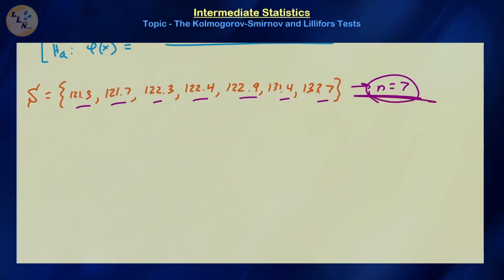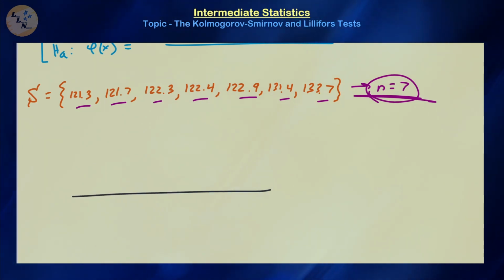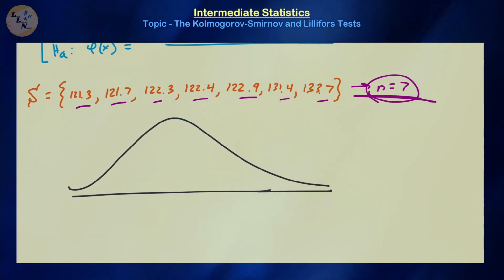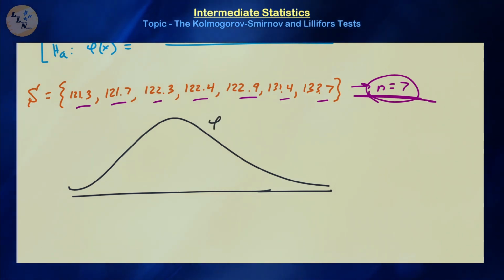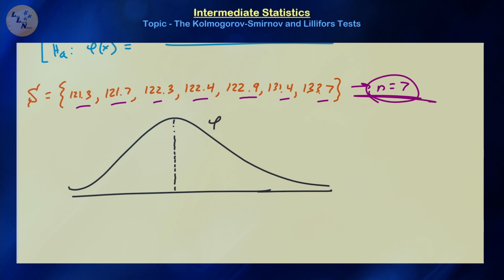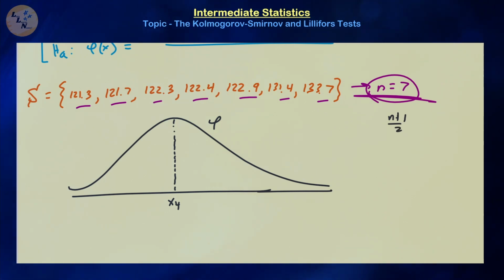So what is the distribution that we're actually trying to propose here? We're trying to see if we have evidence to believe that the sample is coming from a normally distributed population. Let's call it phi. If it was exactly normally distributed, at least a discretely normally distributed sample, x4 is going to be located in the middle, right? And how do I get 4 so quickly? That's going to be m plus 1 divided by 2, the median of an odd sized data set.